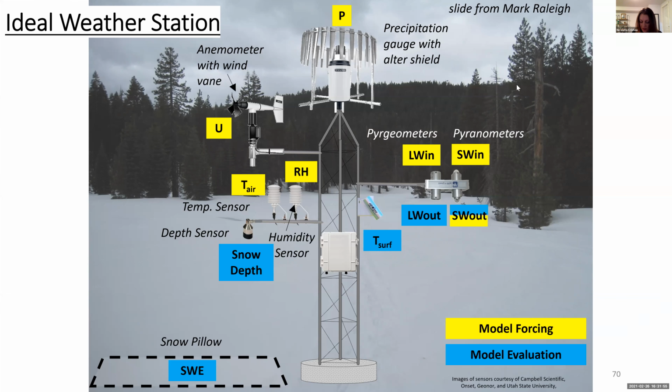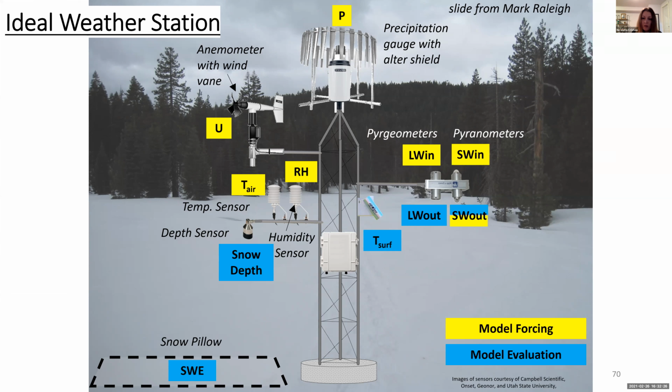But one of the things that's indicative of the precipitation phase is the temperature. If you think of a temperature threshold of 0 degrees C, typically you would say that below 0 degrees C, you would have snow, and above 0 degrees C, you'd have rain. However, that's not always the case, and you end up with a wintry mix or a mixed phase that's spanning a range of temperatures.